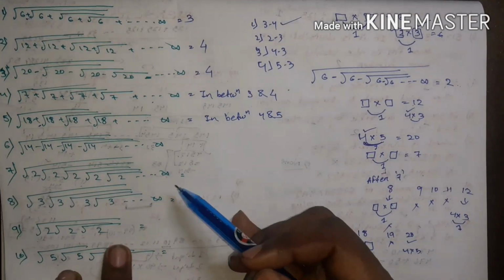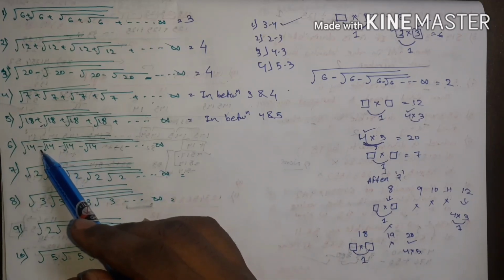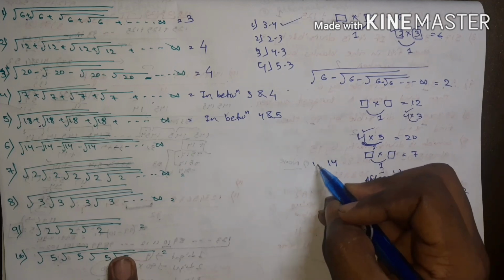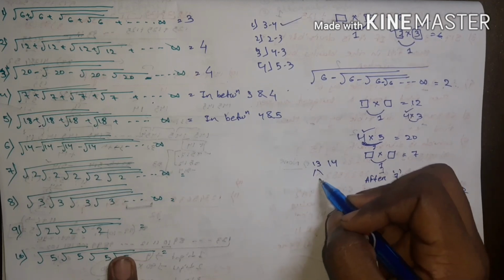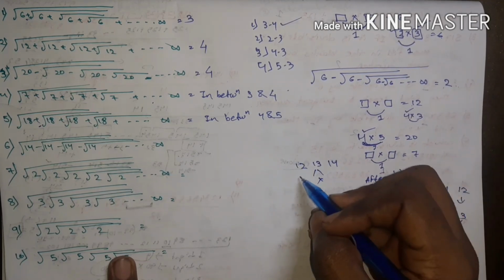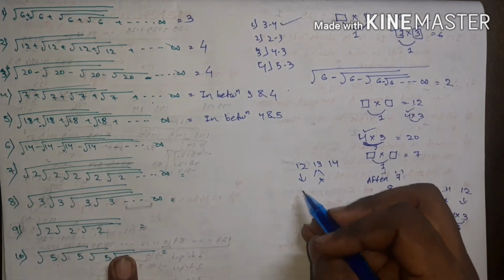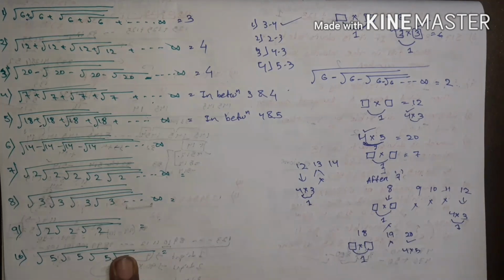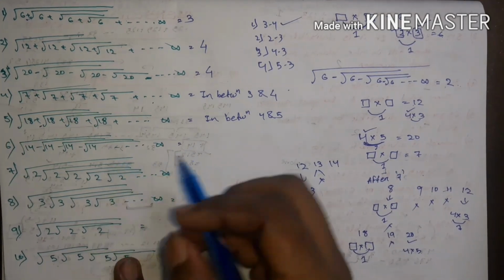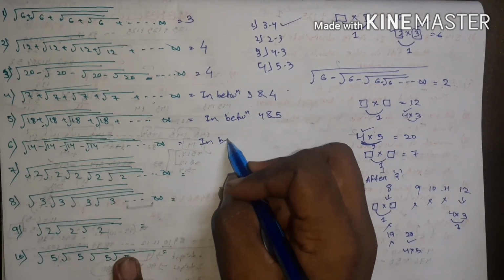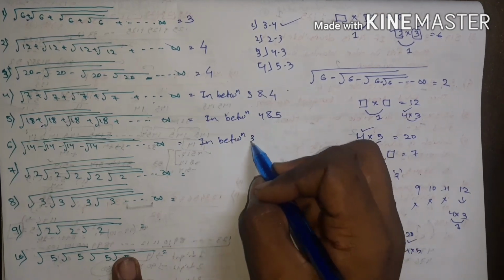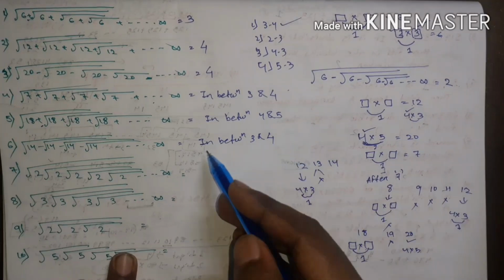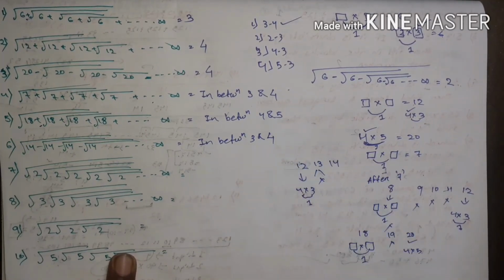Okay, here the subtraction sign is given. So before 14, can I separate 13? No. 14, yes, I can separate 12 as 4 into 3, where common difference is 1. Then its answer is in between 3 and 4. According to the options, you can choose which option is in between 3 and 4.